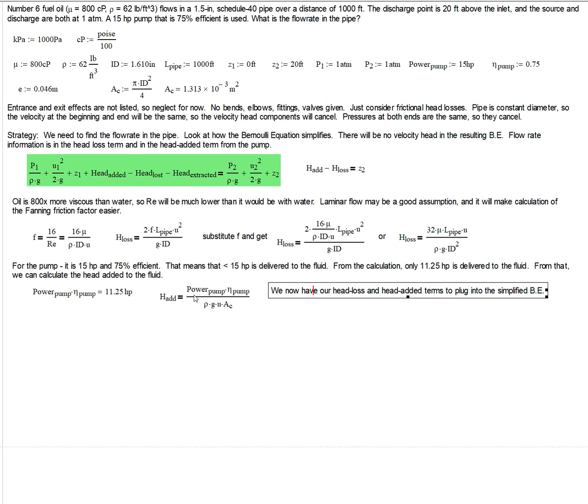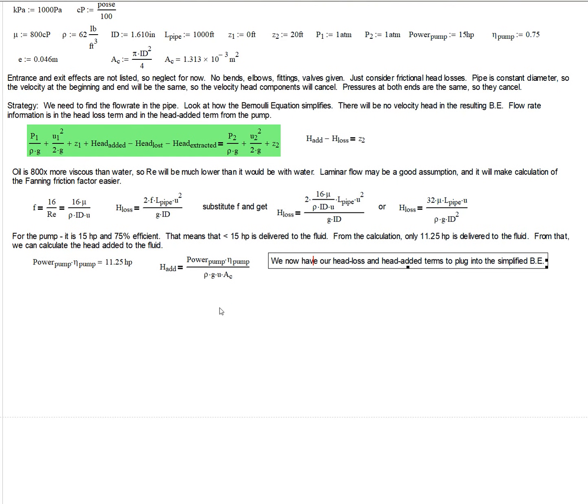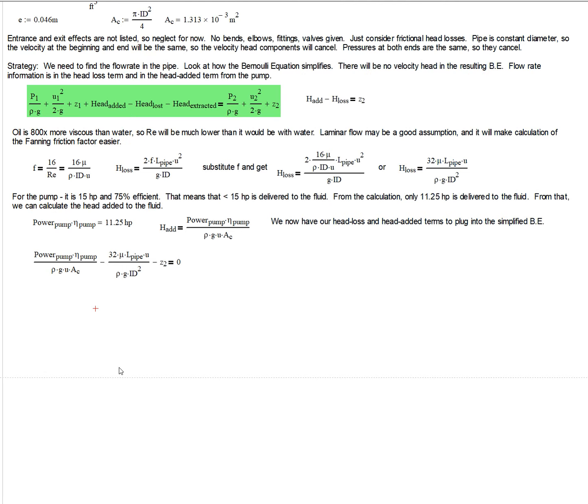So what we can do now is put this term into our Bernoulli equation. Now our head added has the linear velocity. So we substitute it into our Bernoulli equation, we take our head loss, we substitute it into our Bernoulli equation, and then we do that calculation.